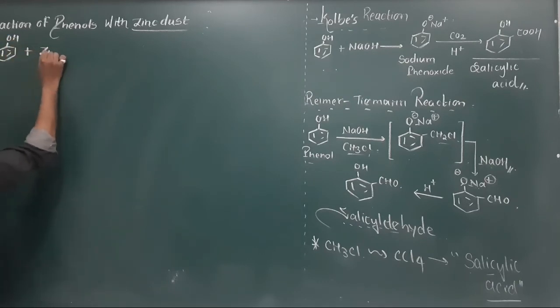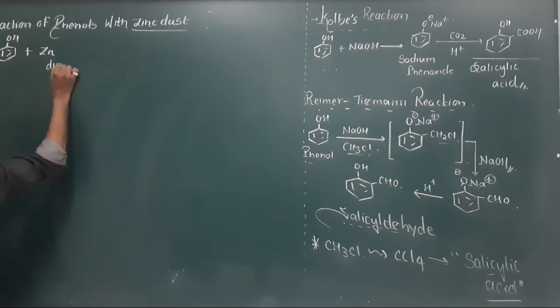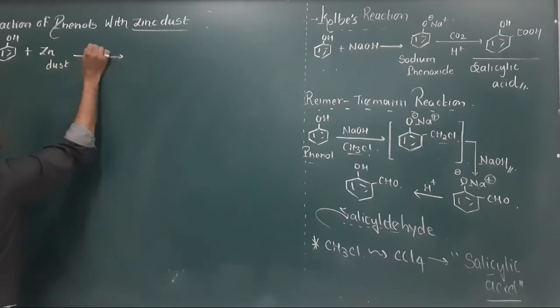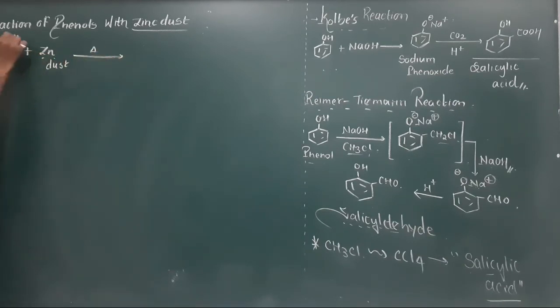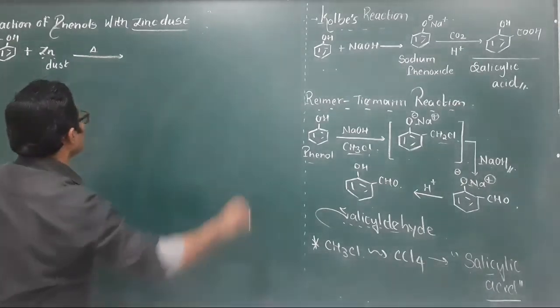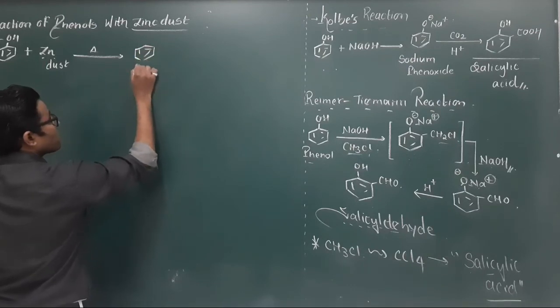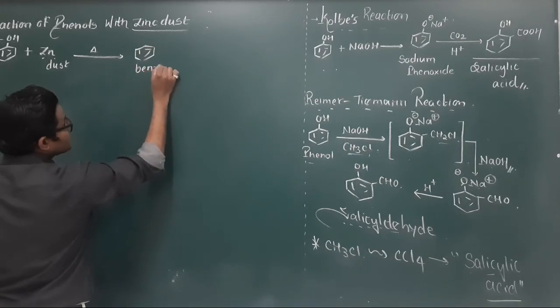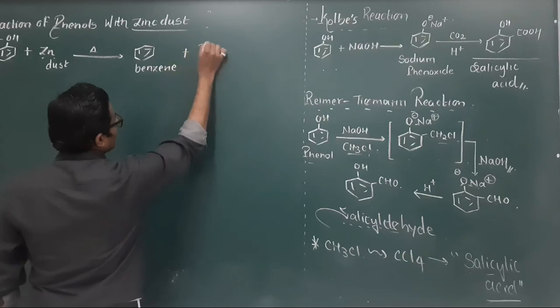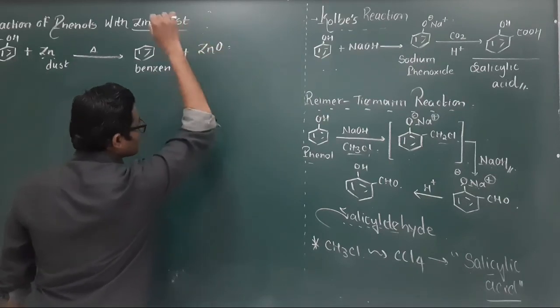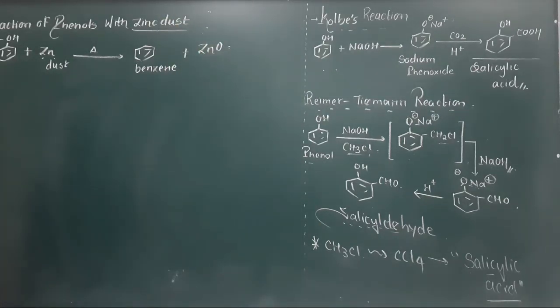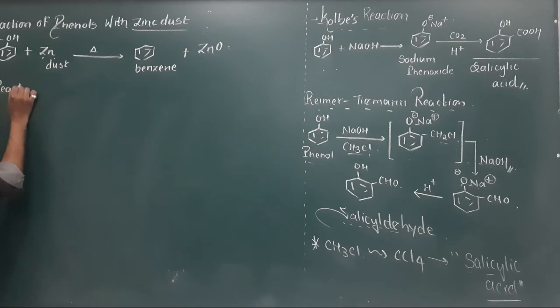This particular phenol is reacted with zinc dust, upon which zinc takes up this particular oxygen. In short, it is reducing the phenol in order to give rise to benzene with zinc oxide. Right?